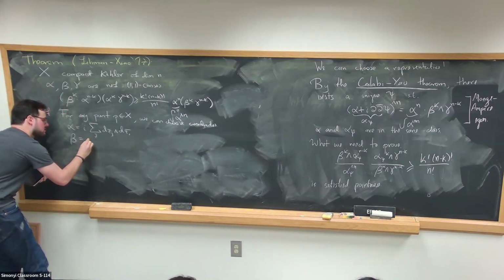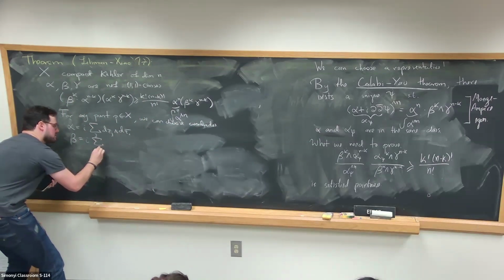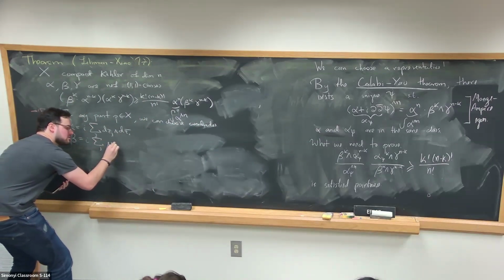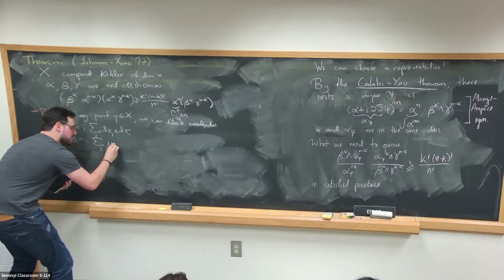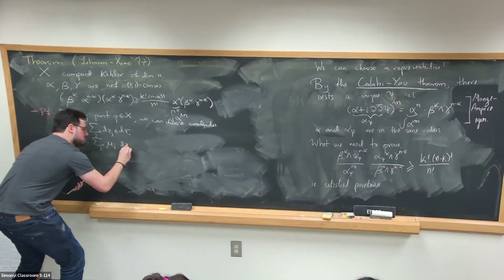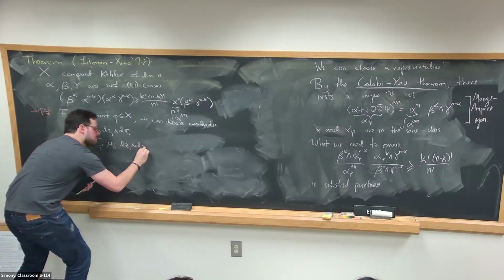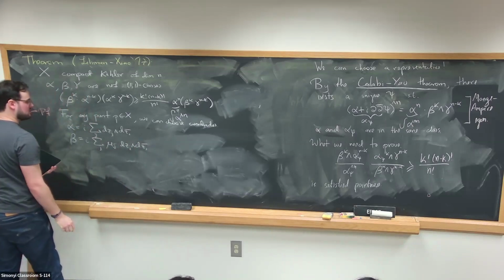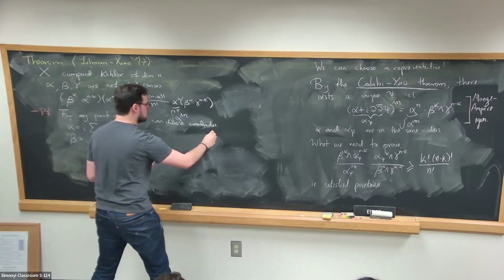So the beta, I can write with some coefficients mu_j. This is locally, of course.